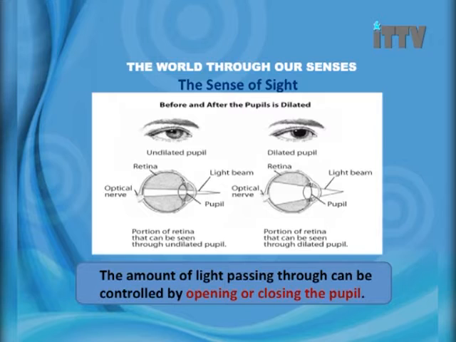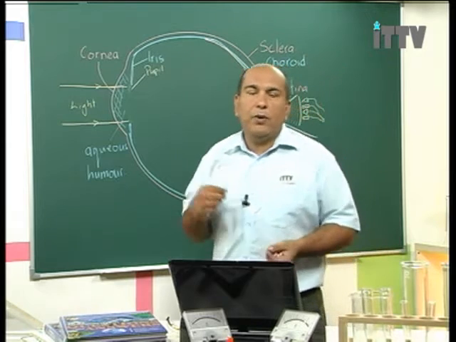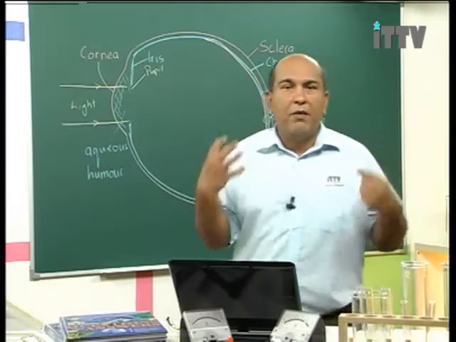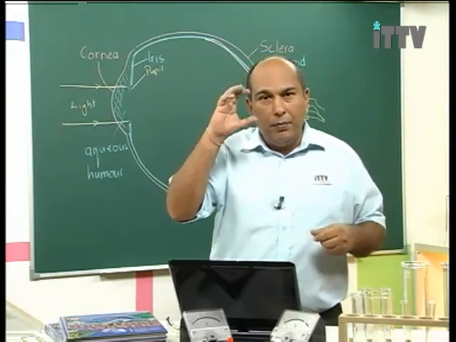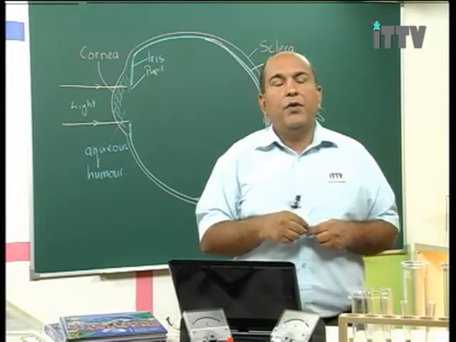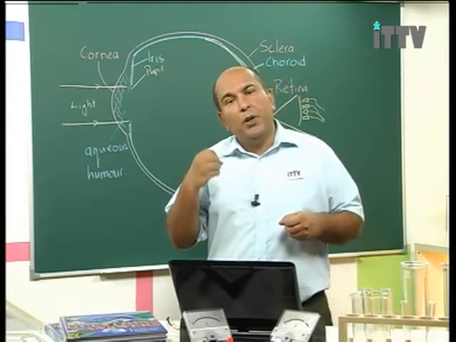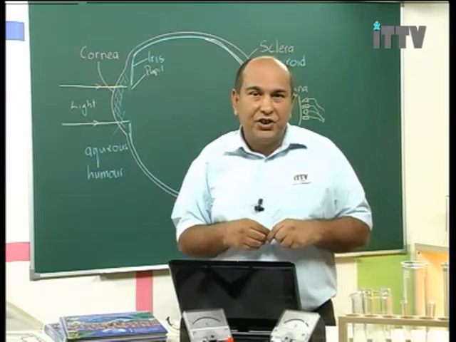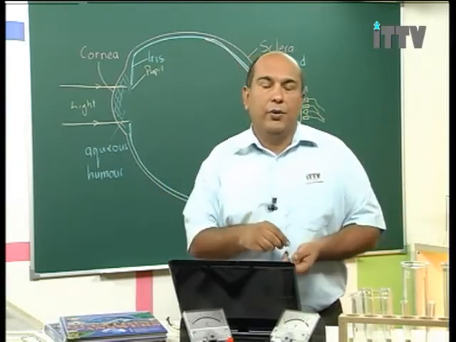The amount of light passing through can be controlled by opening or closing the pupil. So basically what we're saying is, if you're in a room with very bright lights, your pupil will become smaller so that you have less light going in. And if you go into a dark room, your pupil will automatically become larger to allow more light to go in.